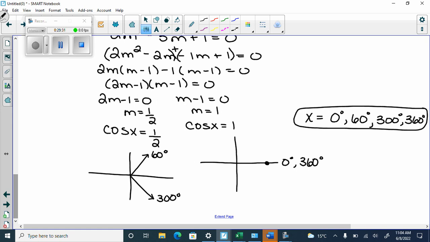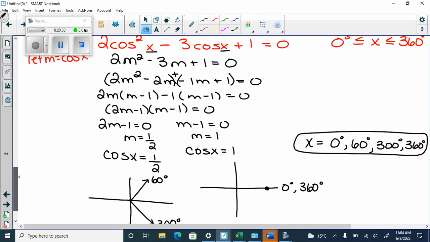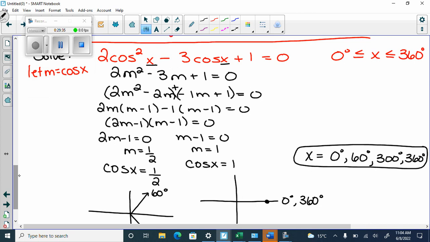So I want you to type into your calculator the original equation. 2 cos squared x. Now, the moment you press cos, guys, a bracket opens up. So can you put a squared in there? No, a bracket opened up.